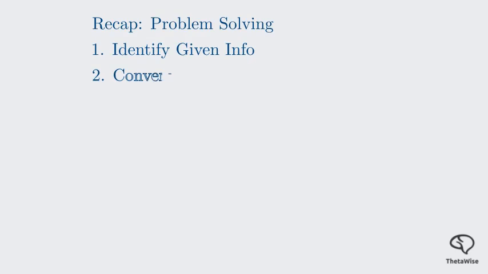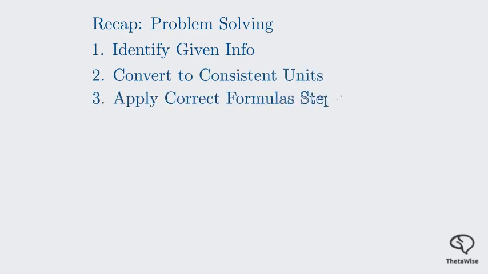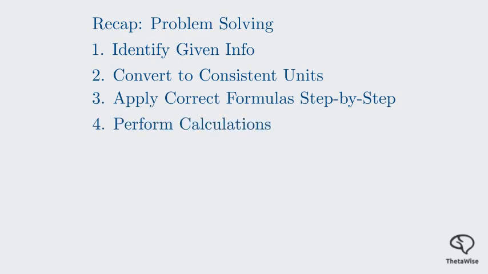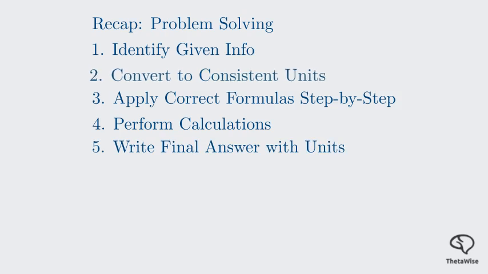In each case, we first extracted the given information, being very careful with units, and then systematically applied the correct formulas. We calculated everything from acceleration to total revolutions. One of the most important takeaways from today is the need for consistent units. Always ensure your frequencies are in revolutions per second or radians per second when your time is in seconds. This step is critical for getting the right answer.